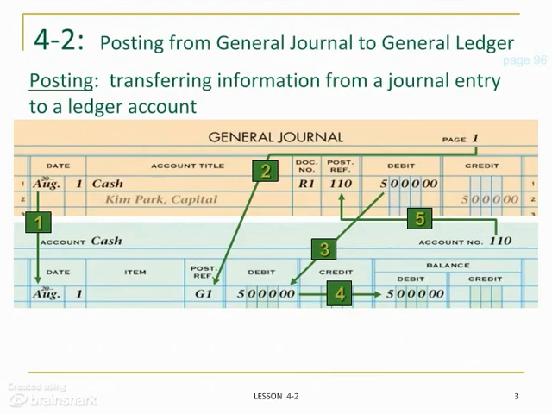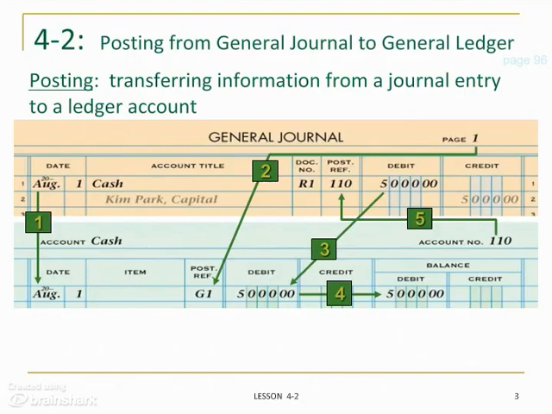In this particular transaction, we see that on August 1st, Kim Park, the owner, invested cash in her business. This will begin the process of accumulating all the information from journal transactions into the ledger for each of these accounts. So all the transactions involving cash will be brought into the cash account in the general ledger.